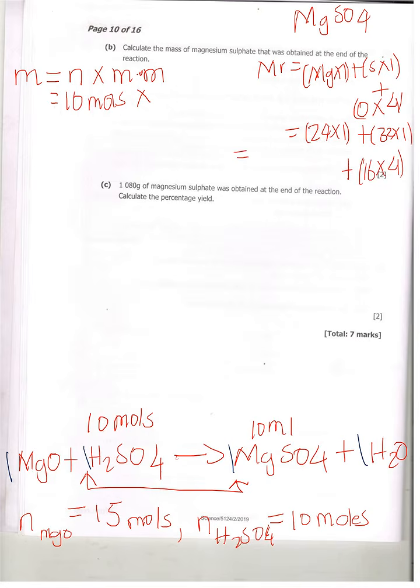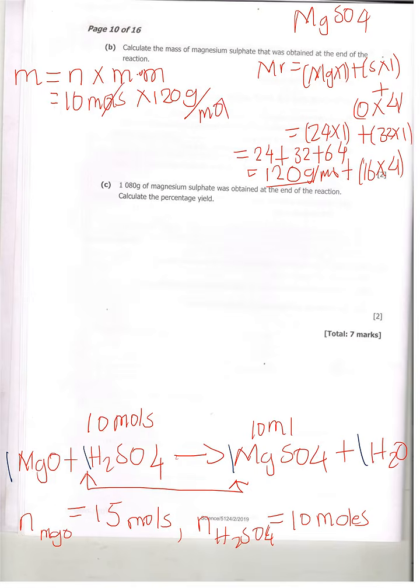So 24 times 1 is 24, plus 32, plus 64. So let's add 24 plus 32 plus 64. I'm getting about 120 grams per mole. So we multiply by 120 grams per mole.